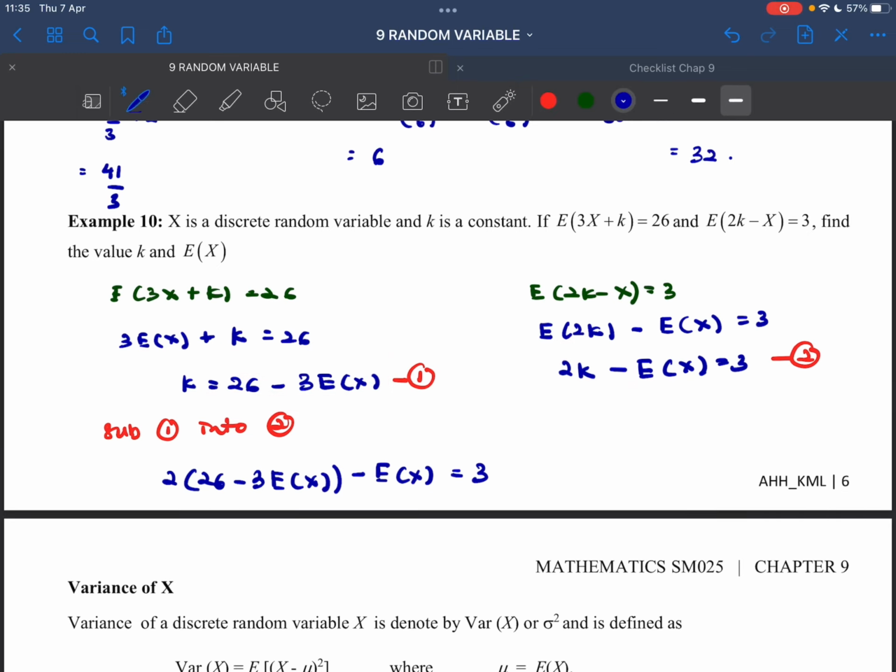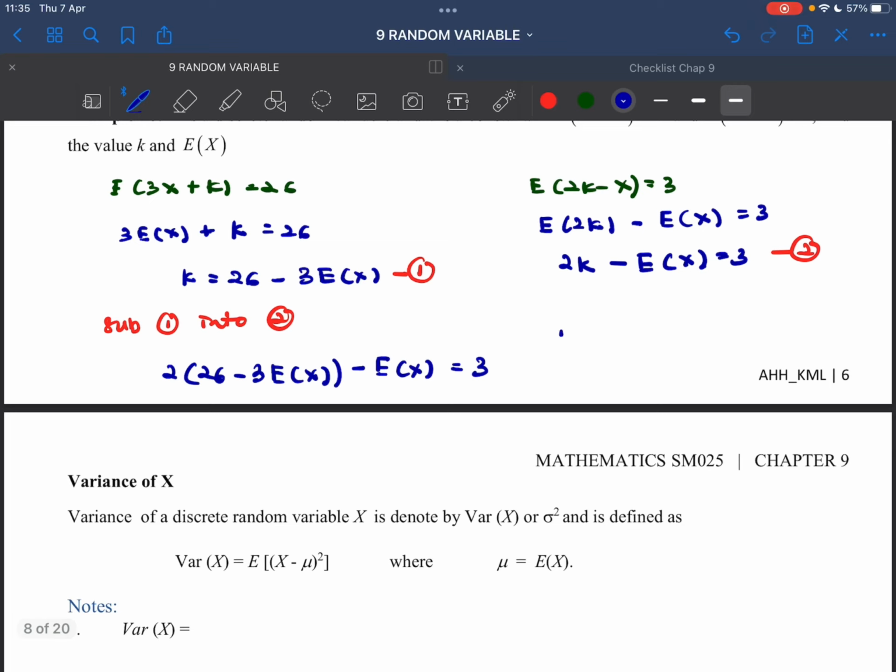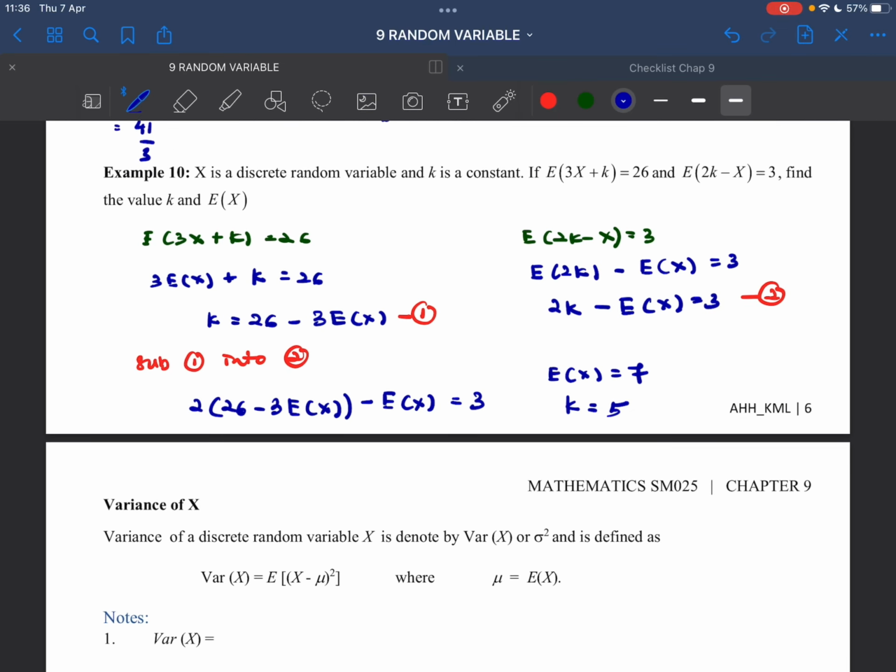So rearrange that, you will get your EX equals 7. When you get your EX equals 7, you'll get your k equals 5. Okay, and that's it. If you want to find two constants, just use simultaneous equations with the properties that we have.